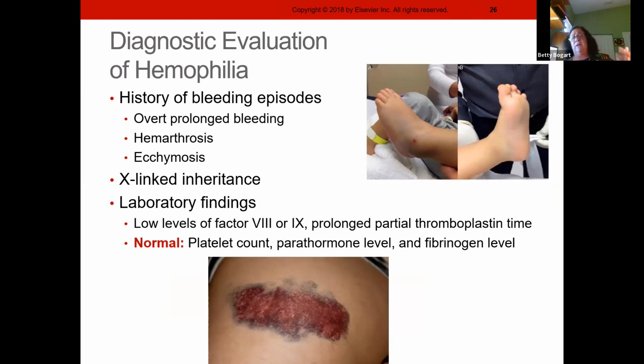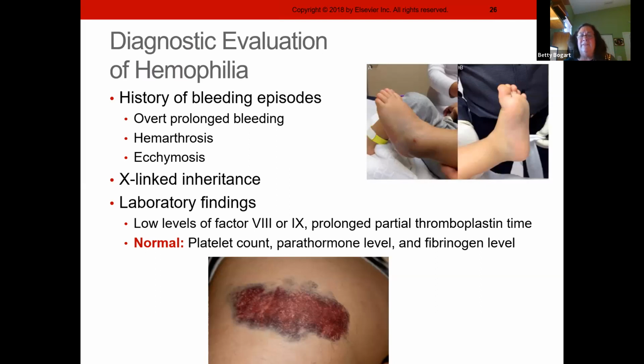You cut your finger on a knife, and it keeps bleeding, bleeding. That's not right. Or you're going to see these big bruisings, these ecchymotic areas, or you fall and you're going to see your knee full of blood. And this is something to do with bleeding.